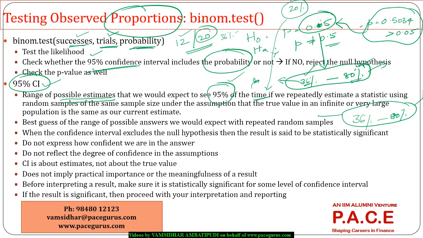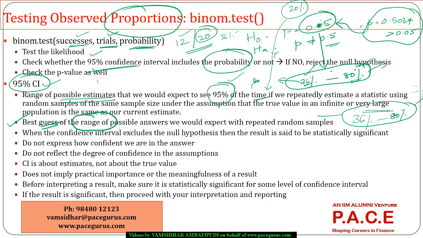This is under the assumption that the true value in an infinitely or very large population is the same as our current estimate. Making that assumption, we can say this is the 95% confidence interval surrounding our estimate. Or, in a common man's usage, which is probably easier to understand, it's a best guess of the range of possible answers.